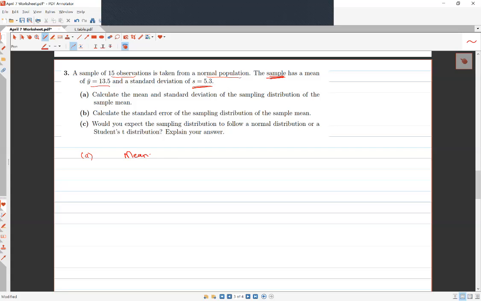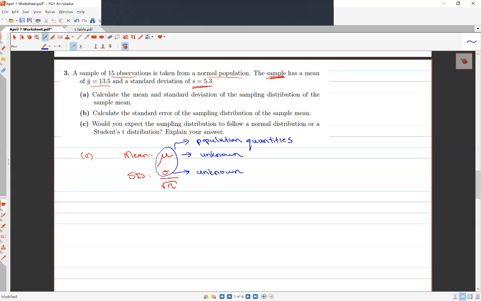So the mean is always given by the mu value, and the standard deviation is always given by sigma over square root of n. The mu value is unknown, and we know the sample size, but the sigma value is unknown. Remember, these are quantities about the population, not about the sample.